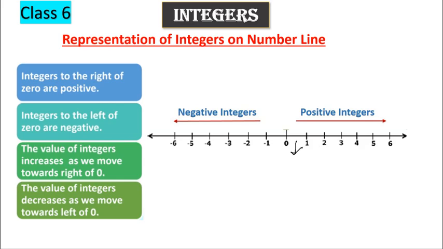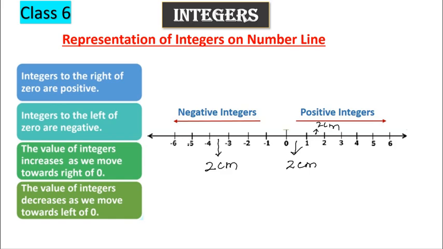If the distance between 0 and 1 is taken as 2 centimeters, the distance between 1 and 2 is 2 centimeters. In the same way, the distance between -4 and -3 is also 2 centimeters. It is always important that when we represent the line, we use arrows. These indicate that numbers are there after 6 also, after -6 also.